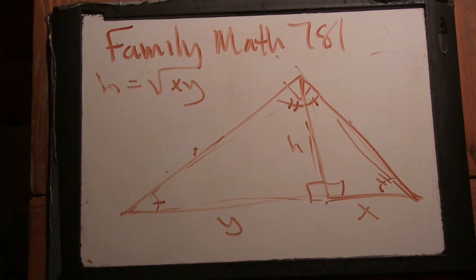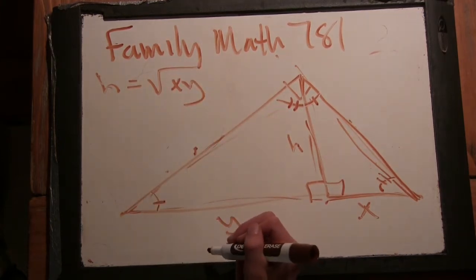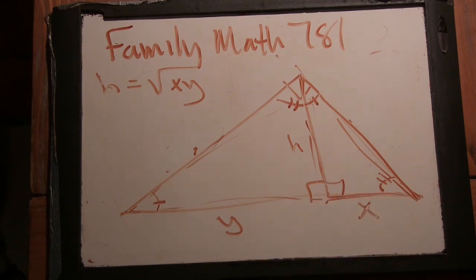Okay. Yeah, their sides are in the same ratio. So you could look at where this square root of x times y comes from. So if you know they're all in the same ratio, then the Pythagorean triple that has them will be in the same ratio too. Okay.